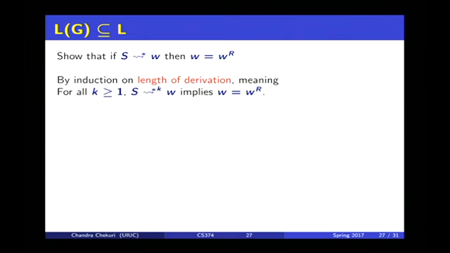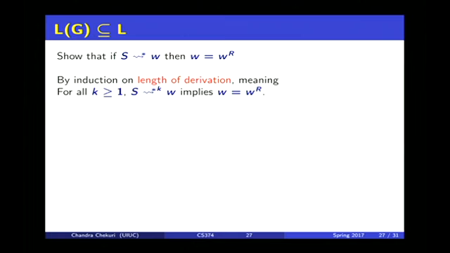Because I'm worried about what all the strings are that S generates, I should do induction on the length of the derivation. It makes sense: I look at all strings which are generated in 10 steps. If I can guarantee that all strings generated in 10 steps are in my language, good.